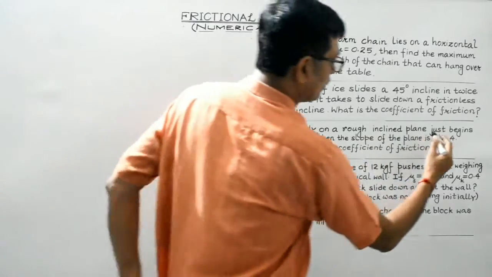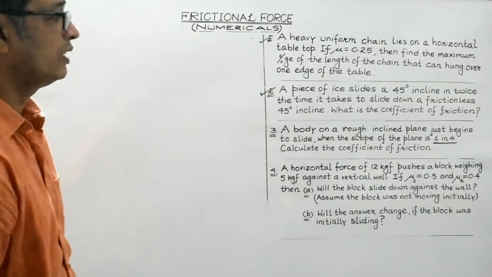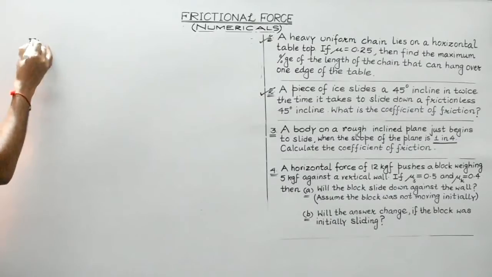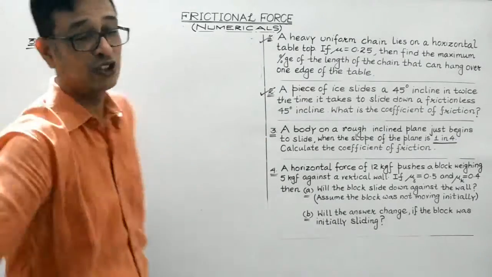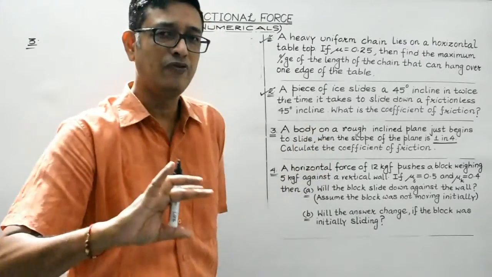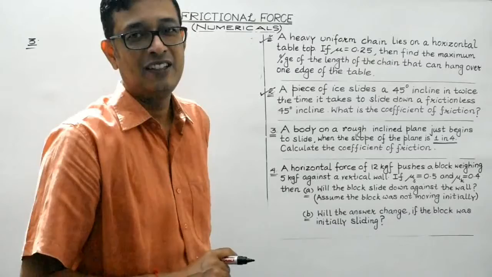This is very important, students. You need to understand this statement, 1 in 4. Calculate the coefficient of friction. It's a pretty straightforward question, but it is based on your theoretical knowledge. To solve it, you should be very clear about the concept of angle of repose.